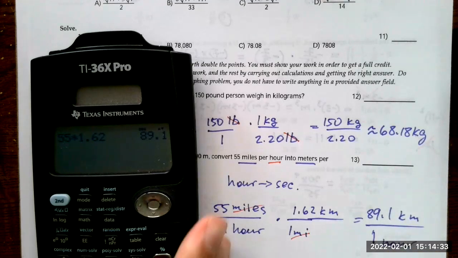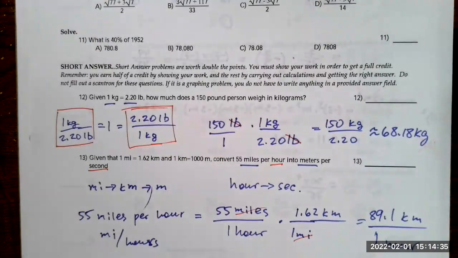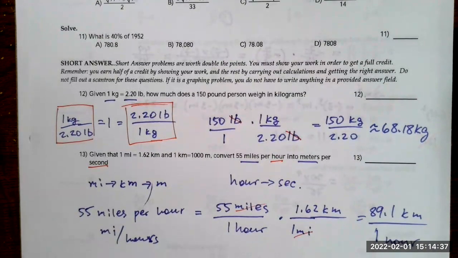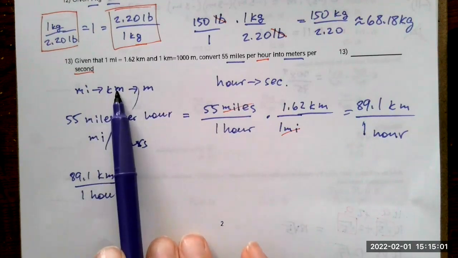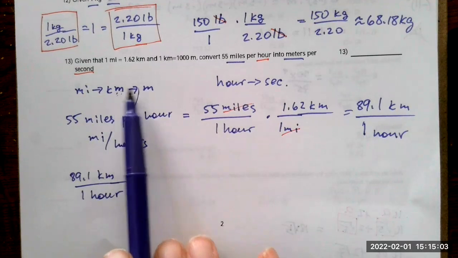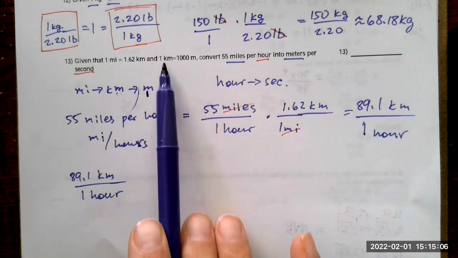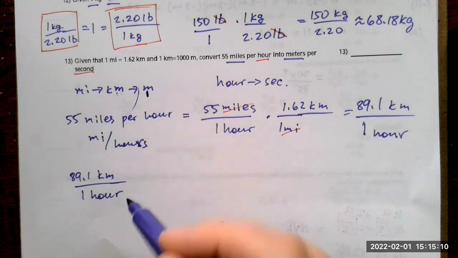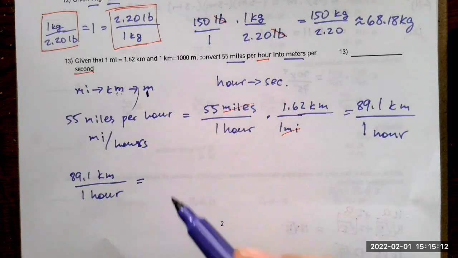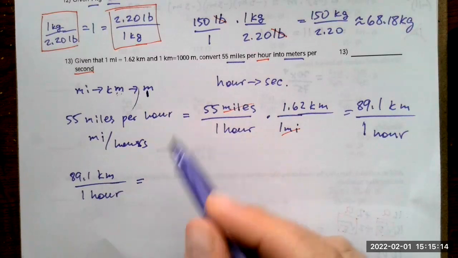Okay, I'm running out of room. Let's copy it to the next line. All right, so I converted miles to kilometers. Now I have to convert kilometers to meters. So what's the relationship? Here it is, kilometers to meters. Since I want to end up with meters, meters go on the top.